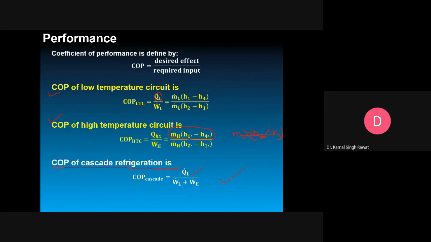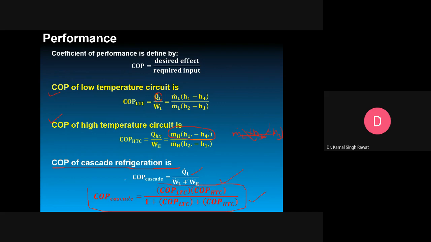Okay. And there is a small derivation, and we can write the COP of the cascade system in terms of the higher temperature circuit and lower temperature circuit. The COP of the cascade is COP of the lower temperature circuit multiplied by COP of the higher temperature circuit, divided by 1 plus COP of the lower temperature circuit plus COP of the higher temperature circuit. You can derive this expression by putting in the values.